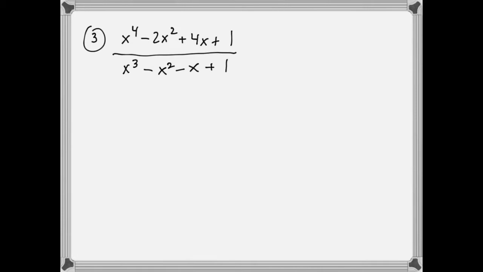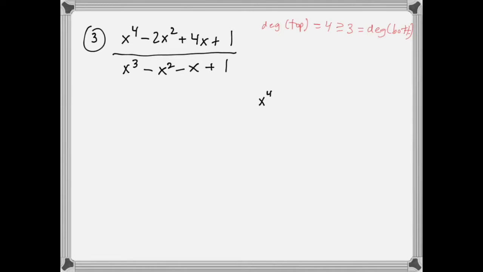And look carefully, the degree of the top is 4, which is greater than or equal to 3, which is the degree of the bottom. So that means we can go ahead and use long division here.